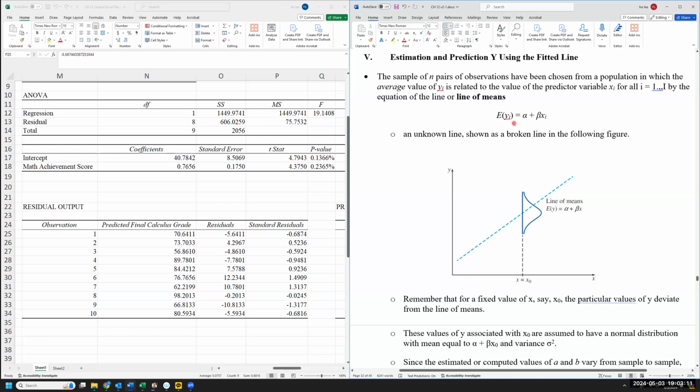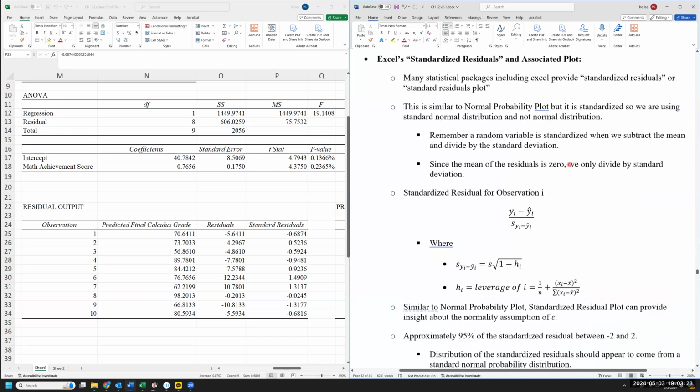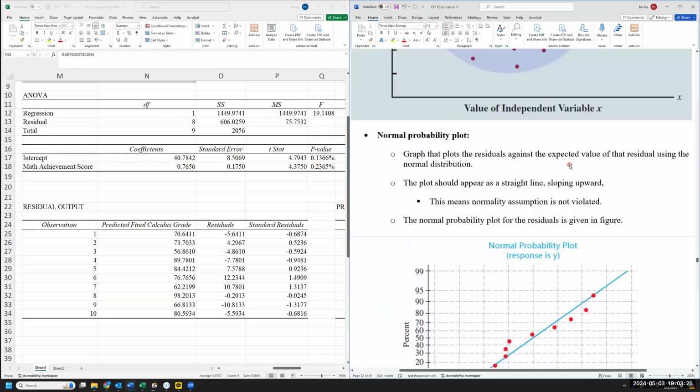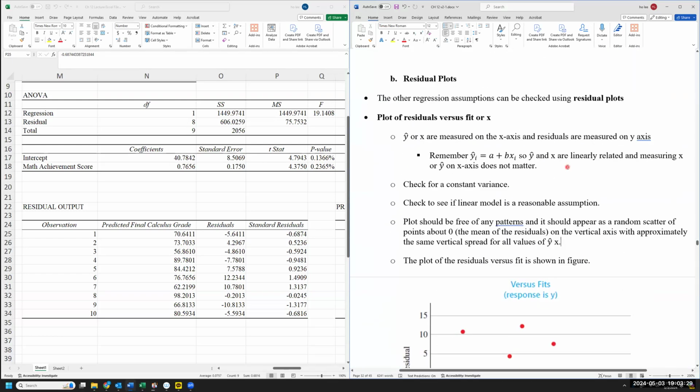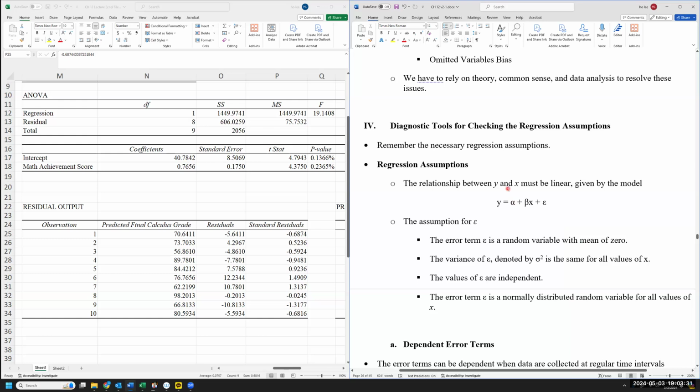The expectation of yi is equal to, we expect each individual y to equal alpha plus beta xi. Remember that we expect the error term. Here is the original model. I had it earlier up here. Let's go up. Oh, there it is. Y is equal to alpha plus beta x plus e.